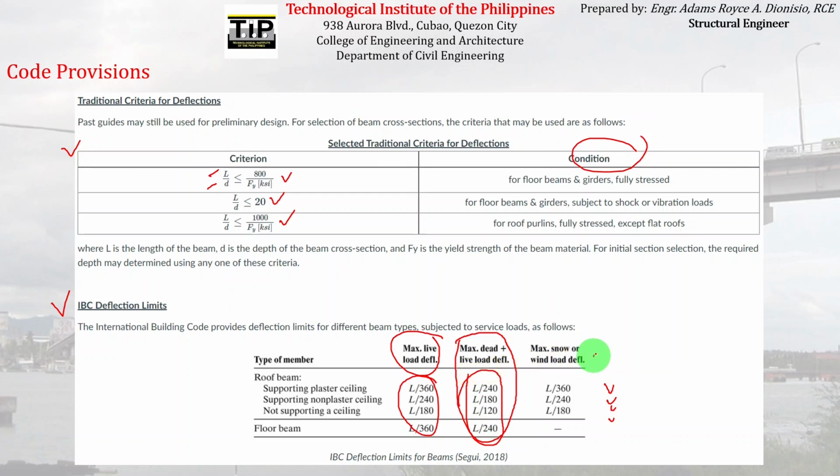And then this is for snow load or wind deflection, although we don't usually use that. Usually we are just concerned with the deflection due to live load and dead load. So the corresponding deflection of the beam that you are designing must not exceed these values that are mentioned here.